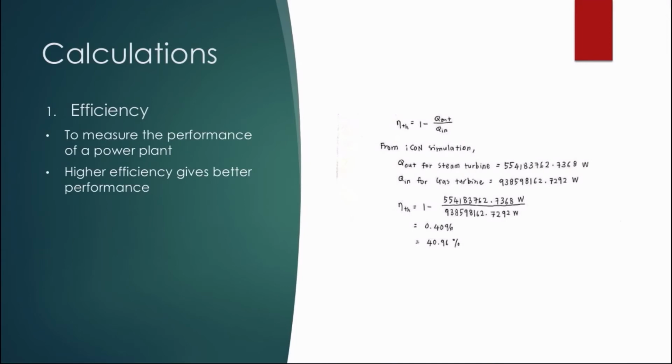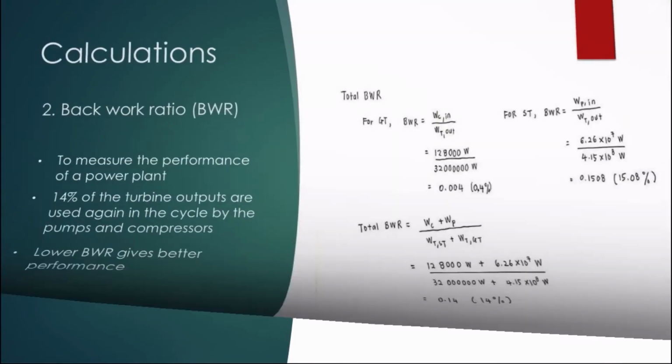To calculate the efficiency, we plug the Q out and Q in from the Aspen simulation values into the formula and we got 40.96% efficiency. The total backwork ratio is the ratio of total compressor and pump work to the turbine work. The total backwork ratio gives us the value of the turbine output that will be used again in the power plant.